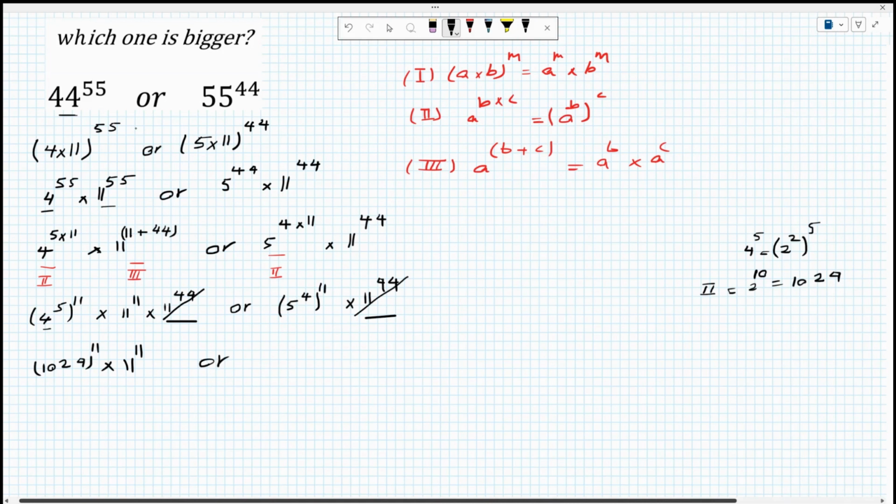For 5 to the power of 4, as per equation number 2, I can write 5 to the power of 2, to the power of 2, which equals 25 to the power of 2, and we know that 25 multiplied by 25 equals 625. So here it will be 625 to the power of 11.